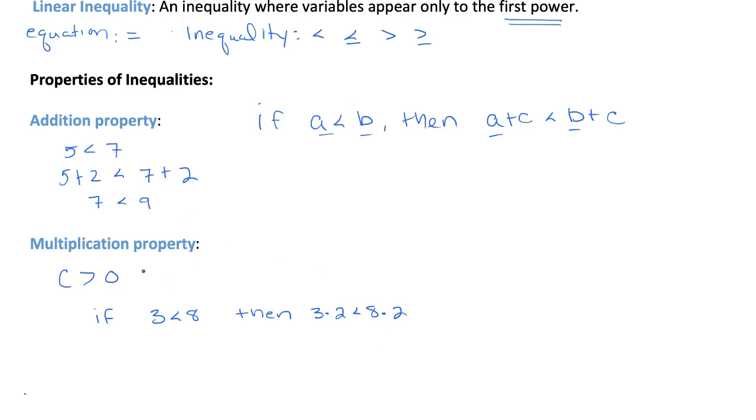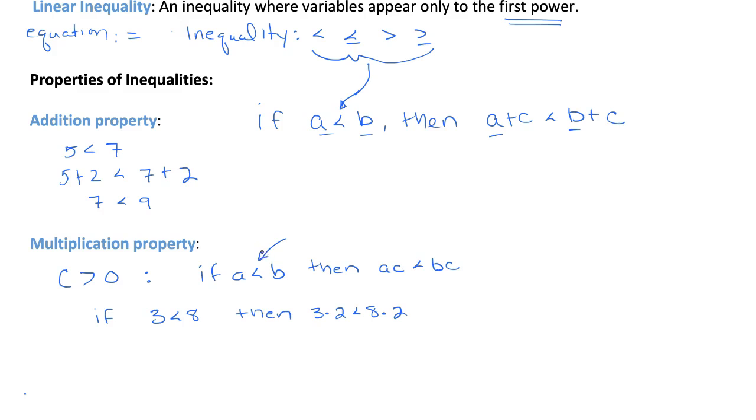The rule is if C is greater than 0, in other words, if it's positive, and if A is less than B, then A times C is less than B times C. And I should go back real quick and say this less than right here can be any of these things: less than or equal to, and same with this one.